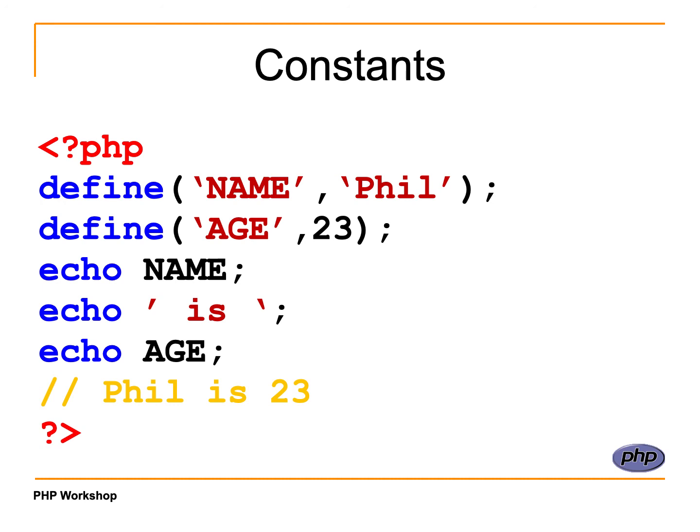Echo NAME, that will display fill. Echo is, that will display is as such. Echo AGE, that will display 23. So NAME and AGE are displayed without a dollar symbol, and both the constant names are specified in uppercase letters. So the output will be: fill is 23.